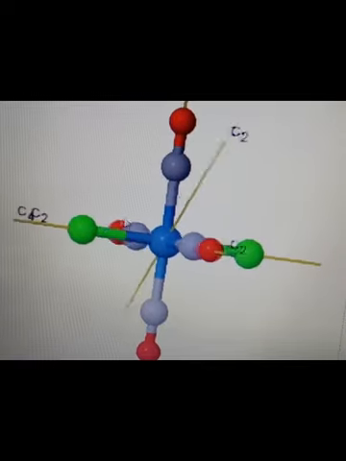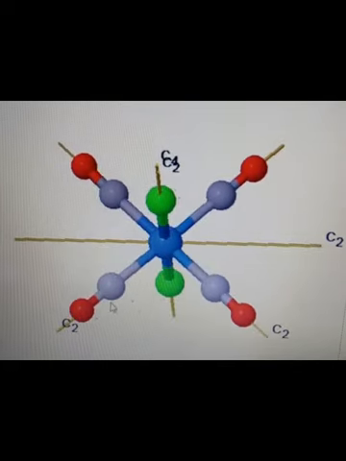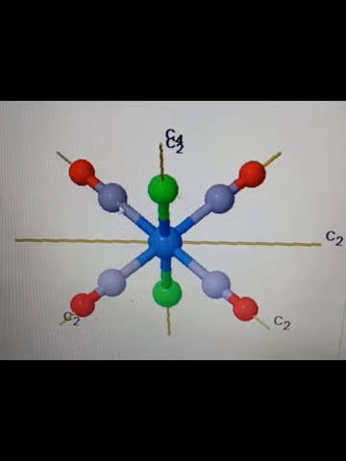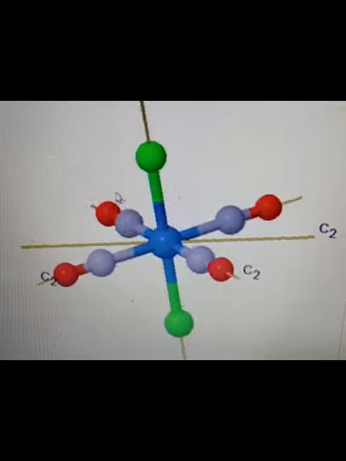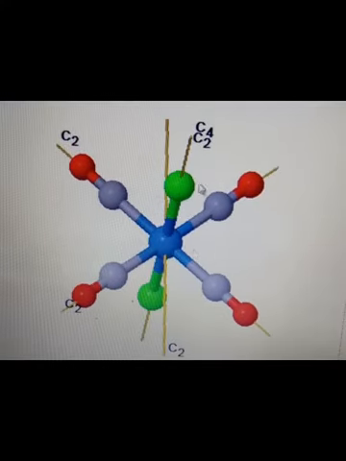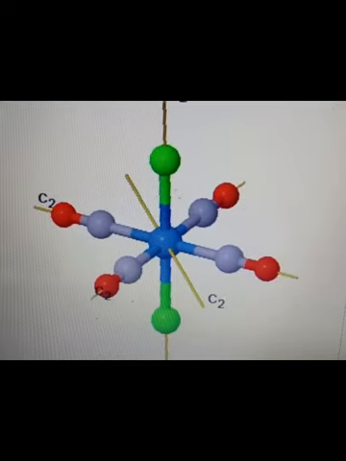You can see the 4 C2s perpendicular to the principal rotational axis. 2 C2s are passing through carbonyl, osmium, and carbonyl atoms, and the other 2 C2s are passing through the centers of opposite edges.